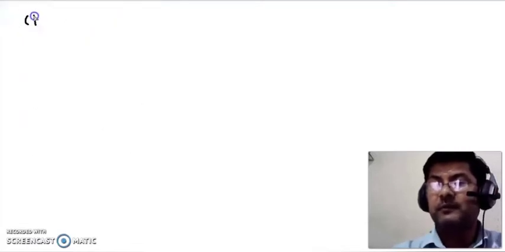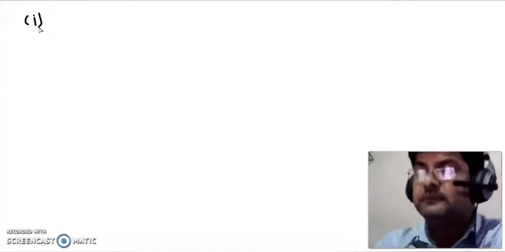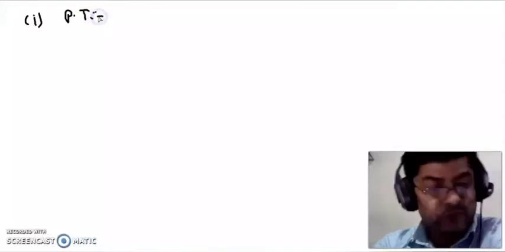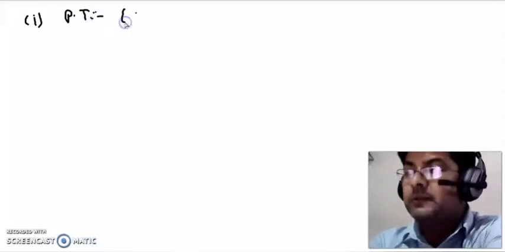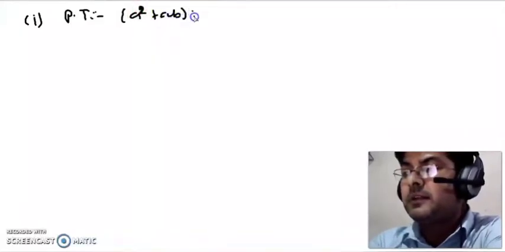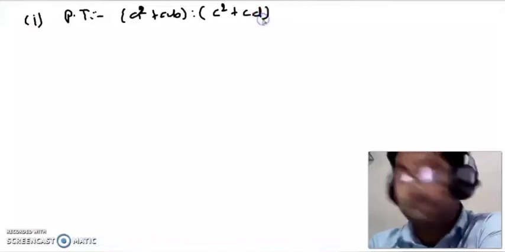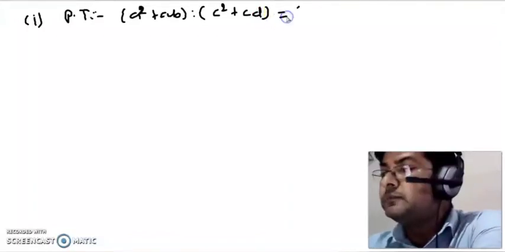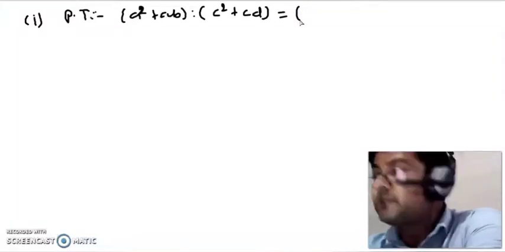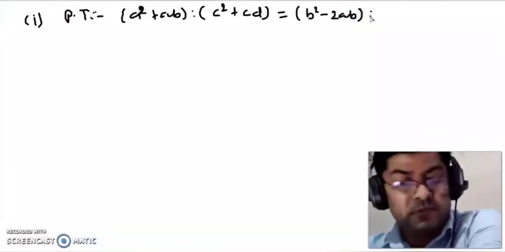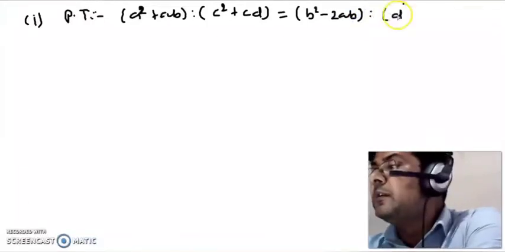Number 1, we have to prove that a square plus ab is to c square plus cd is equal to b square minus 2ab is to d square minus 2cd.